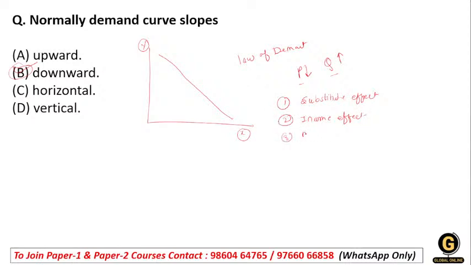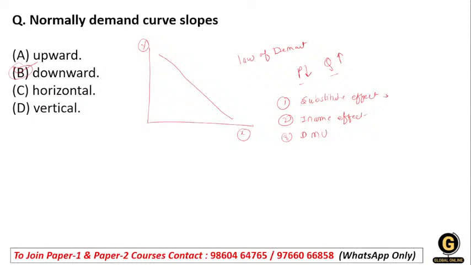Due to diminishing marginal utility, this will happen. When we talk about the substitution effect, if the price of the product falls, the consumer may switch from the expensive alternative to the cheaper product. That's why all these things happen.